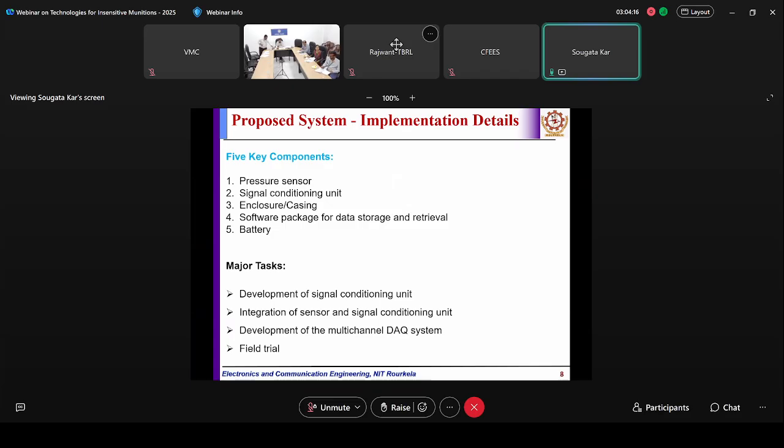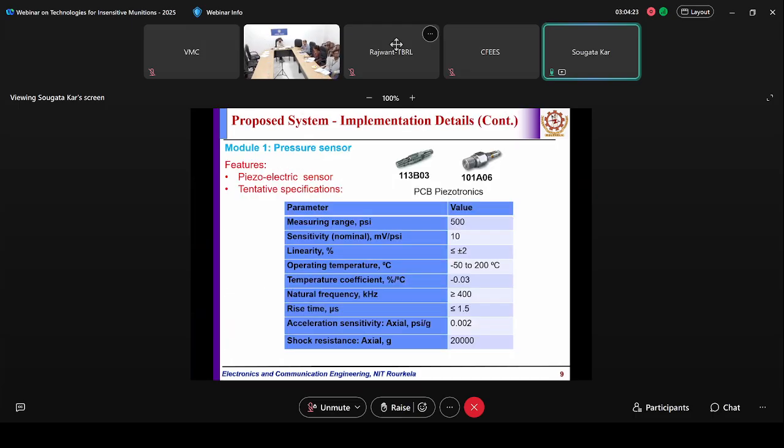For the major task, the pressure sensor, we have done a survey and seen that PCB Piezotronics models can be used for blast pressure measurement. This is one typical specification of a sensor with a 500 psi range.